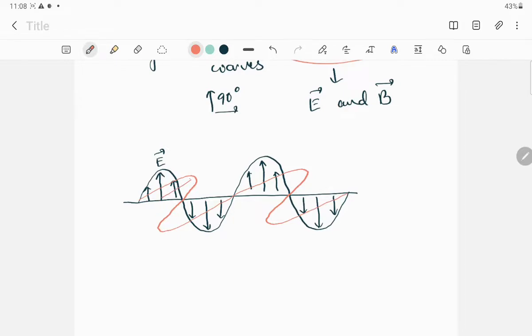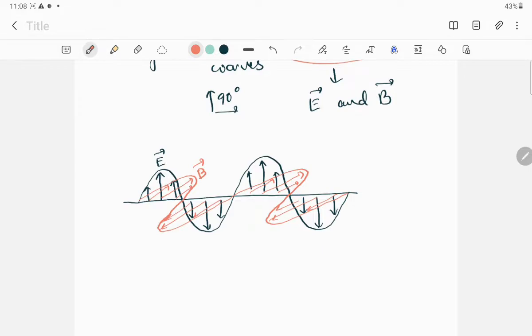This is the magnetic field, which I will call the B vector. It is coming out like this. Similarly here also. So this is the magnetic field.